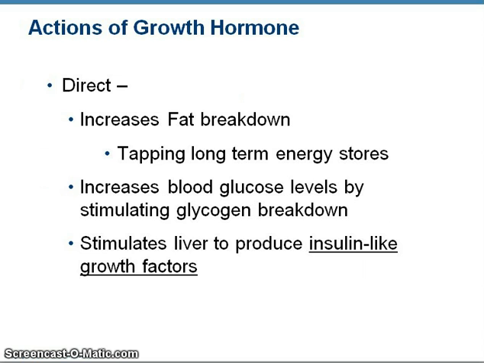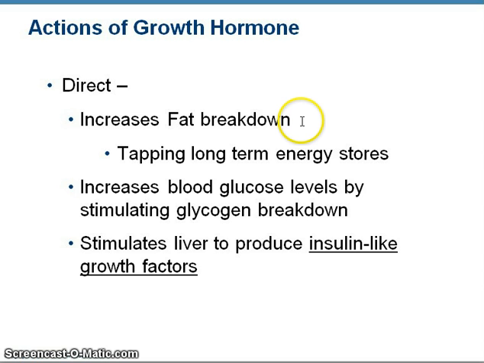So growth hormone, once it starts circulating, is going to have direct and indirect effects. The direct effects are those effects that result from growth hormone binding to the growth hormone receptor. These include things like increasing fat breakdown.